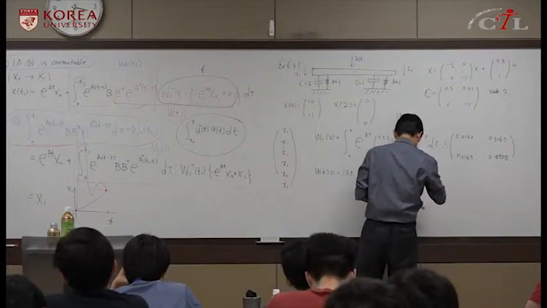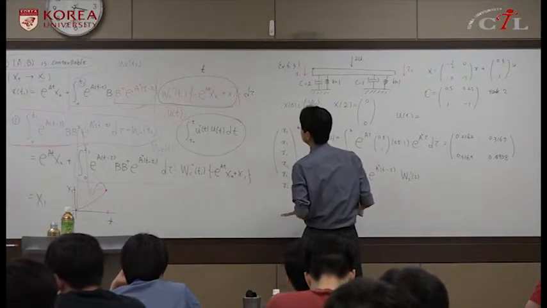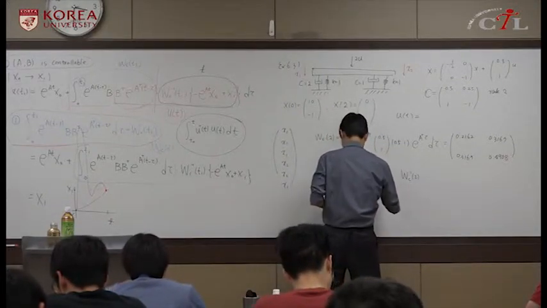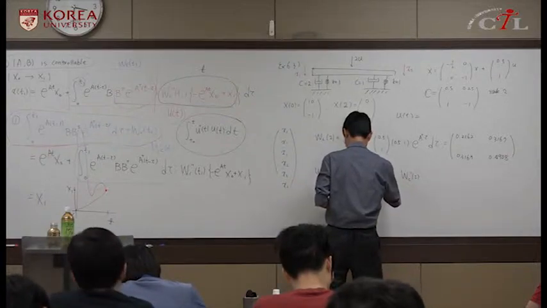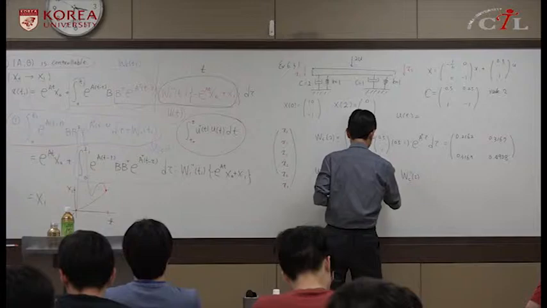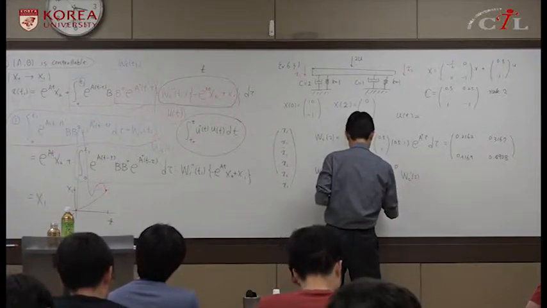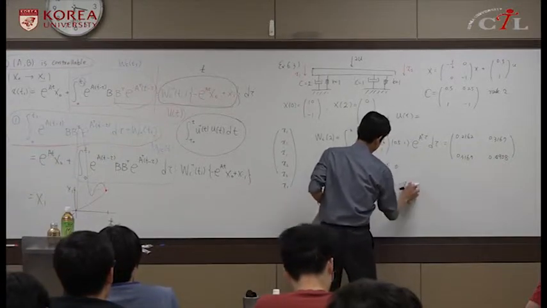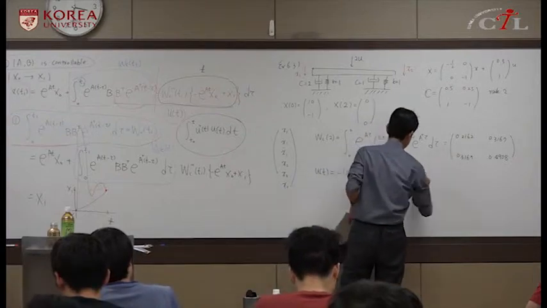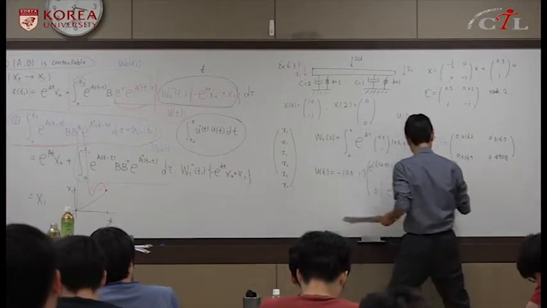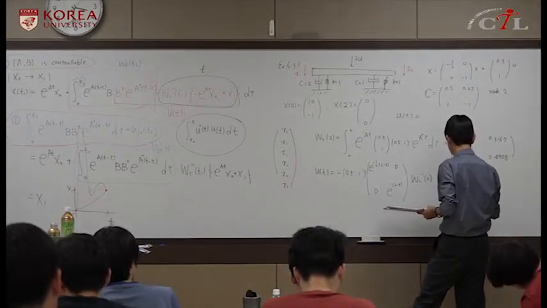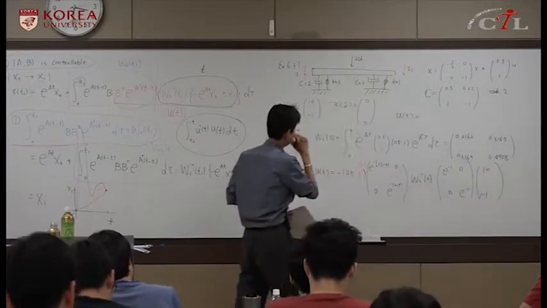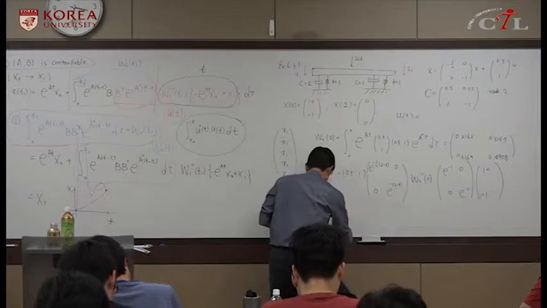If I calculate it, it will be exponential minus half (2 minus t), nothing, exponential minus (2 minus t), and this inverse, and exponential minus 1, nothing, exponential minus 2, 10 minus 1. Okay, simple, straightforward calculation.